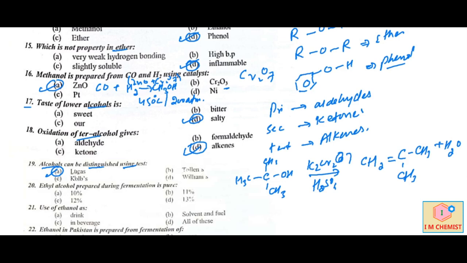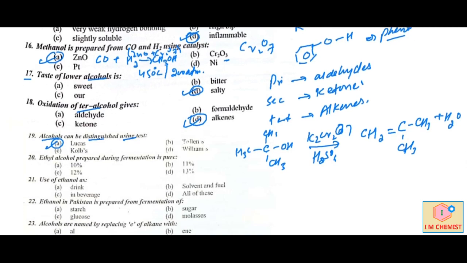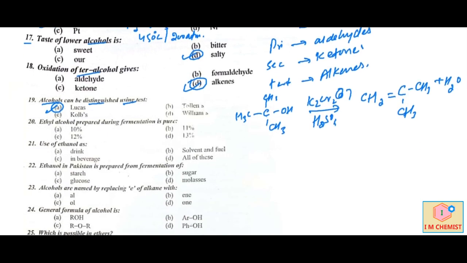In the case of primary alcohols, it will not form an oily layer unless you heat the mixture of alcohol and hydrochloric acid in the presence of zinc chloride.